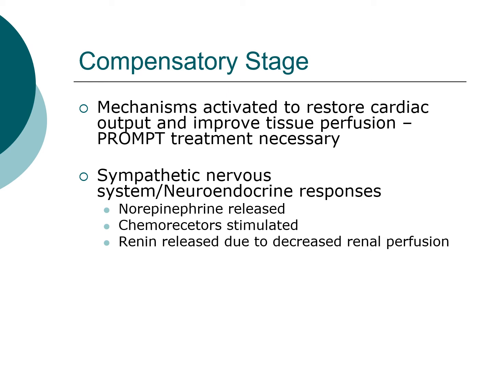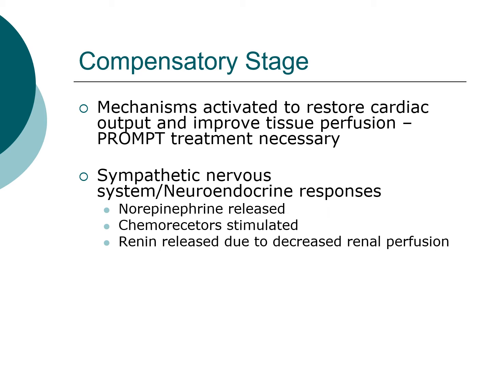And what's happening in the body is that the sympathetic nervous system is really starting to kick in and release the norepinephrines, release renin. It says due to the decreased renal perfusion, renin's released, and that's the whole angiotensin 1 and 2.